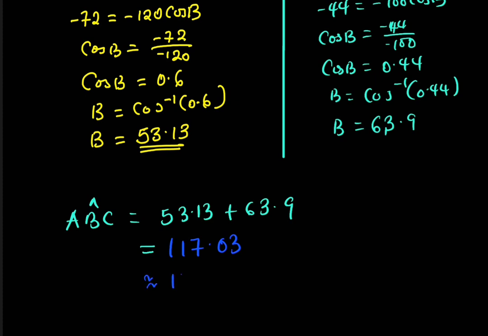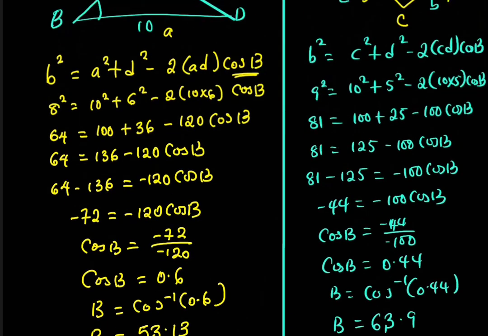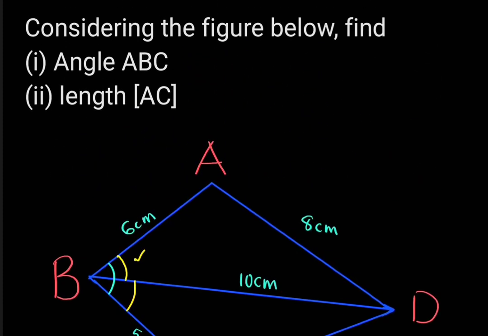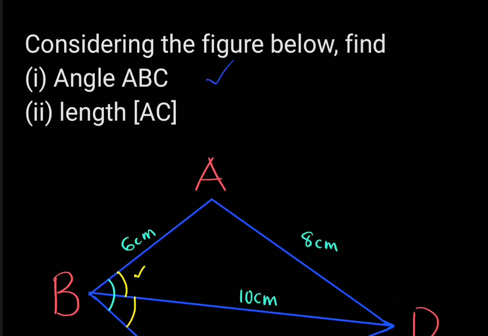So approximately it is 117 degrees. So we have now actually found our angle ABC, which we are asked to find. So we are done with this part. So let's go to the second question.